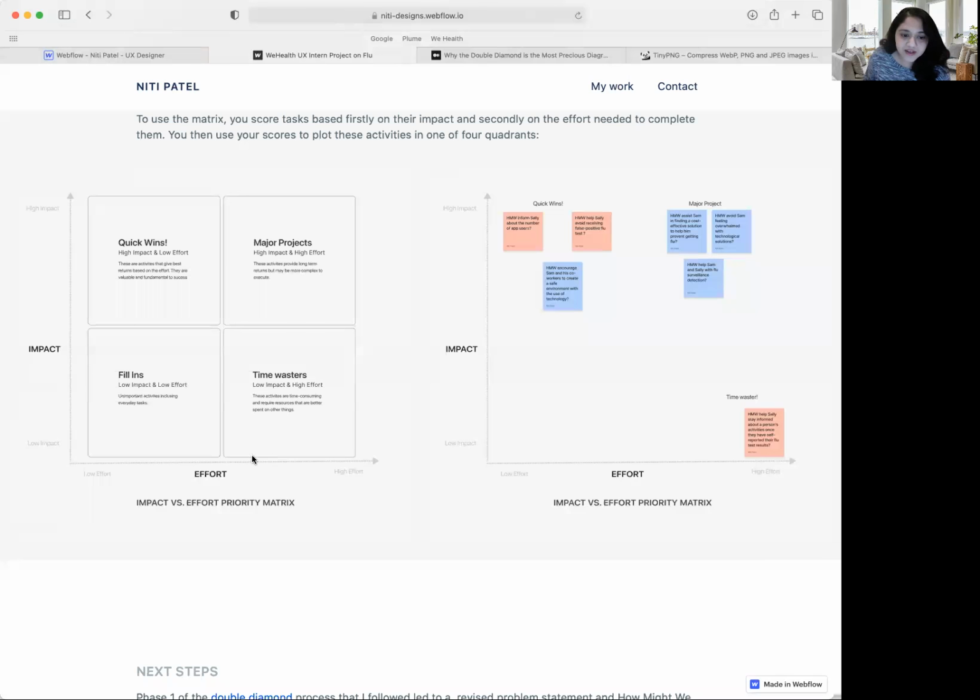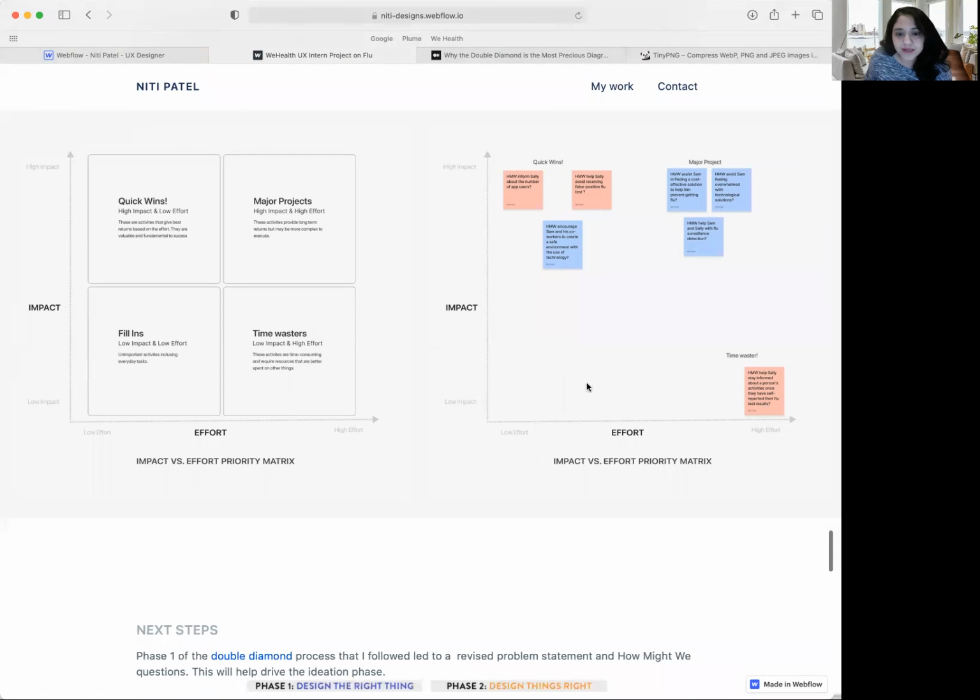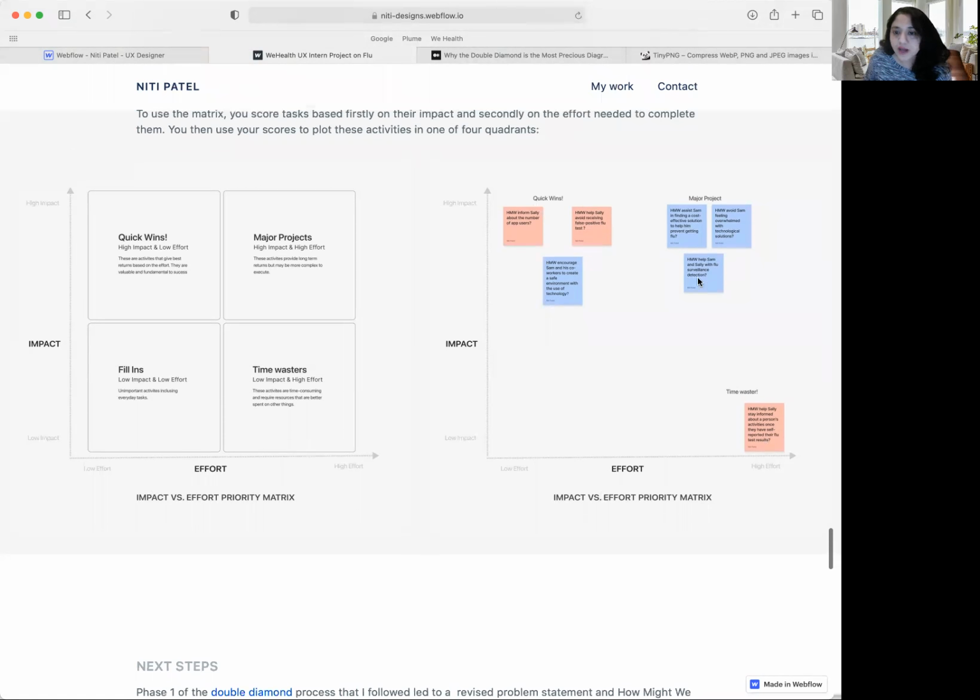Something that is very low impact and high effort, I wouldn't waste my time on it. I would eliminate that. And something that is low impact and low effort, maybe we don't have anything here, but if there is something here, I would maybe do it at the end. Not a priority. But something that is very high impact, these two are our priorities.